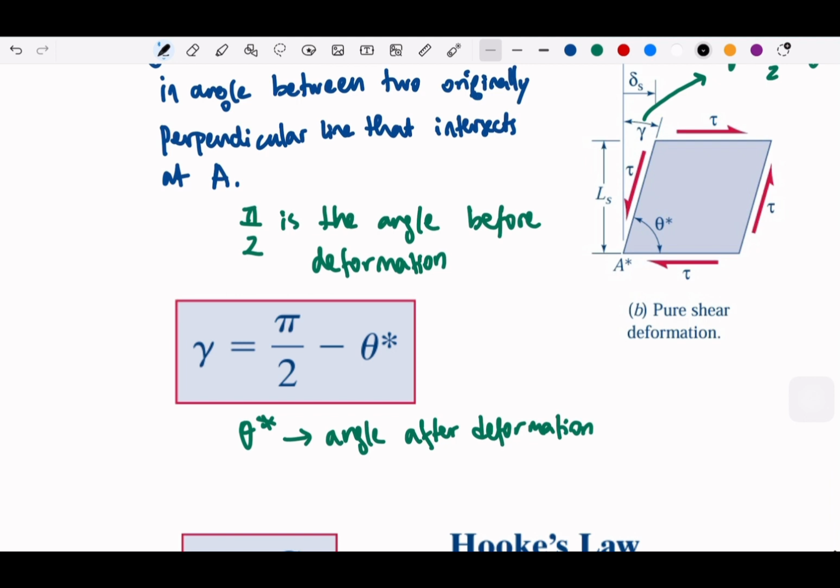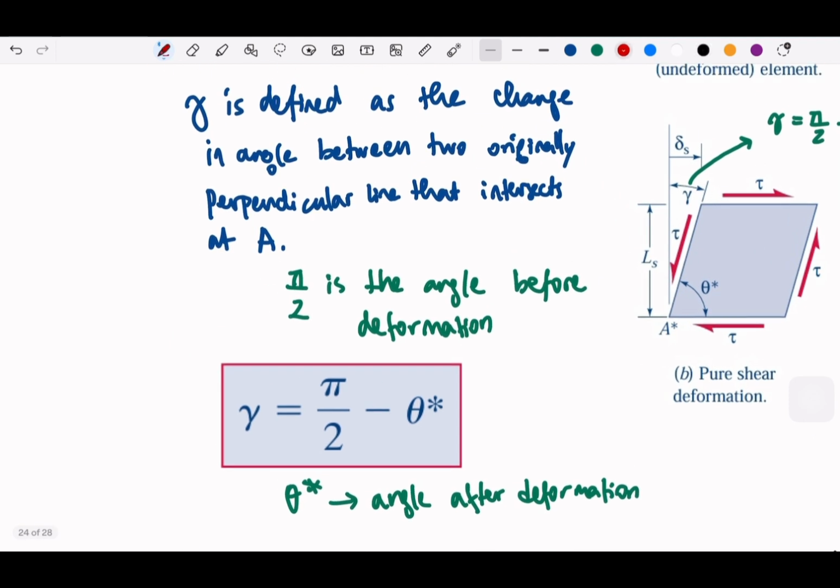And as in the regular extensional strain that we have, this strain is also dimensionless.